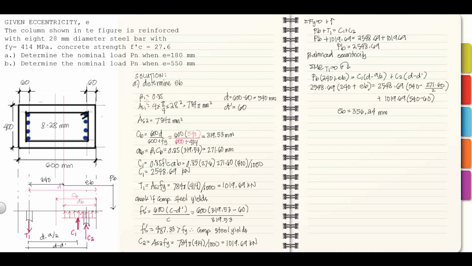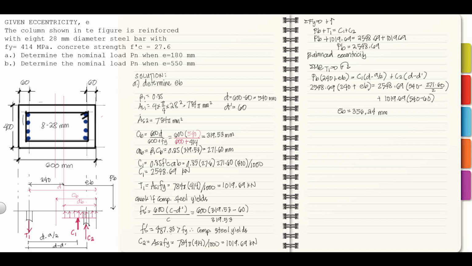So, ang ginagawa natin, we get the values needed. Number one is beta 1, 0.85. And As1, the area of steel in the tension side. Let's say this is the tension bar. That is As1.